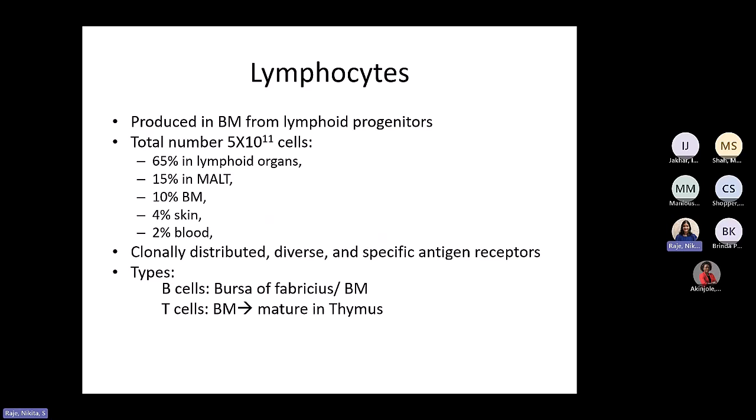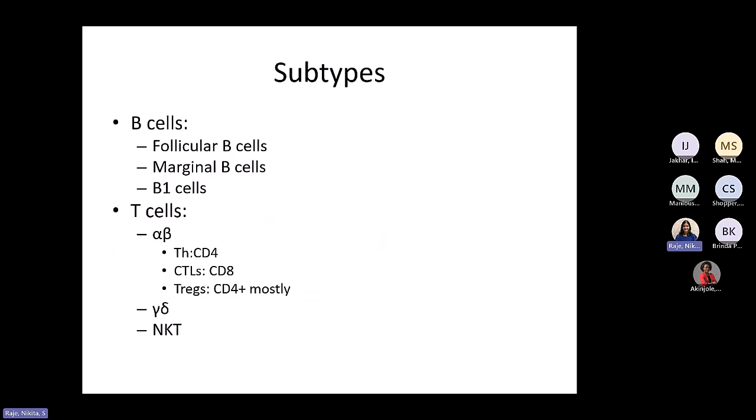So these lymphocytes are clonally distributed. They have diverse and specific antigen receptors. There are, of course, 2 types of lymphocytes, B and T cells, coming from the bone marrow. The B cells have subtypes: follicular B cells, marginal B cells, and B1 B cells. So follicular B cells are the ones that we typically talk about as B cells, but there are these other subtypes that we'll touch upon.